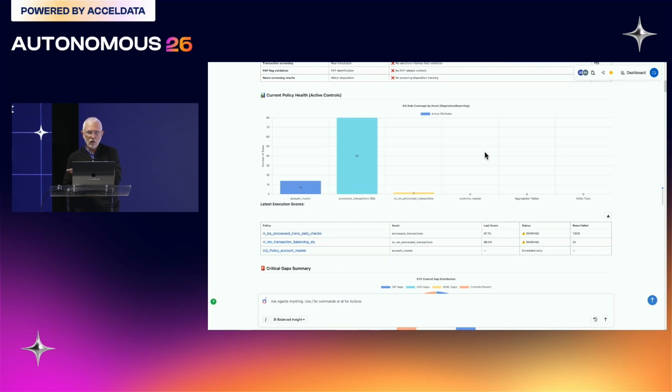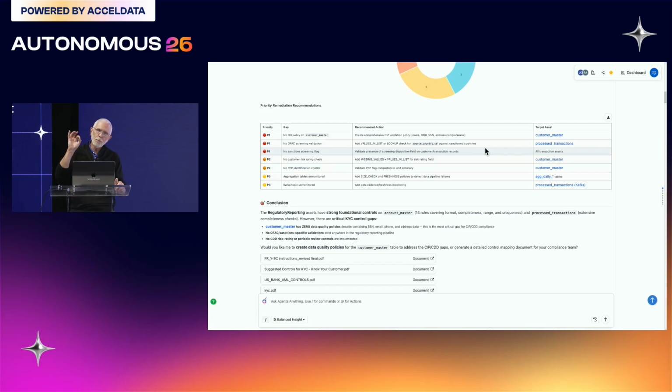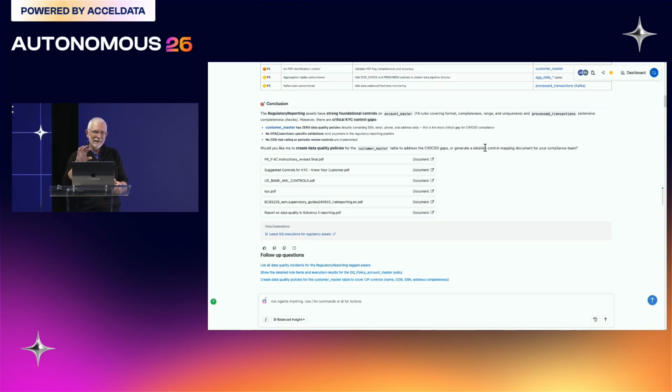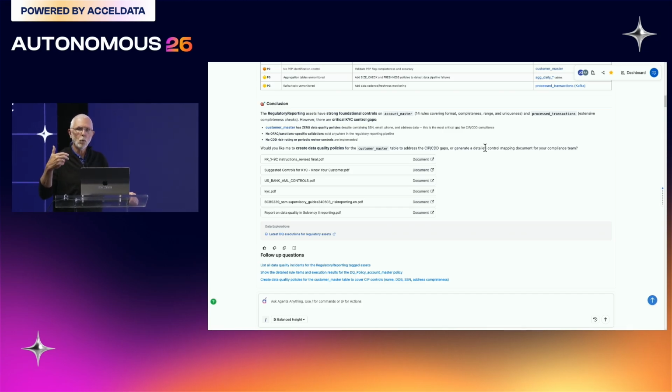It's going across all the assets, identifying the critical ones, and giving me a prioritized list. In this case, it's identifying my customer master as a critical asset that I do not have proper controls on. So I can start taking a look, and a key thing here is not only is it telling me where the gaps are, it's now going to start suggesting what I should do about these gaps, right?